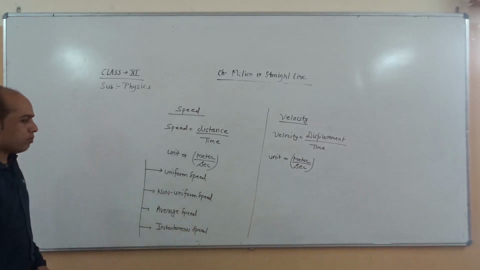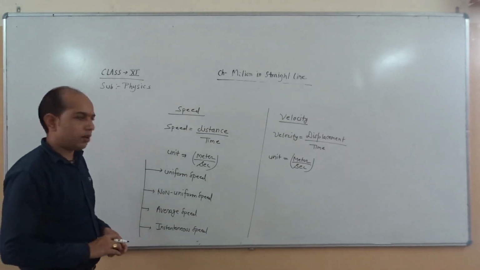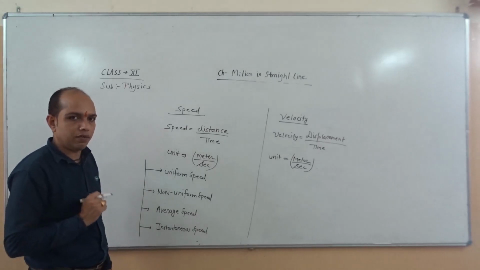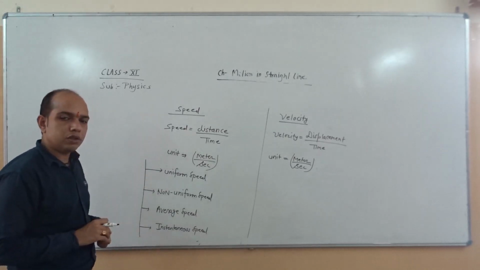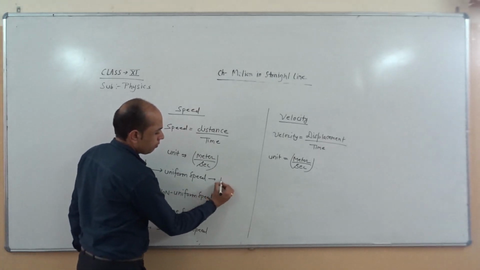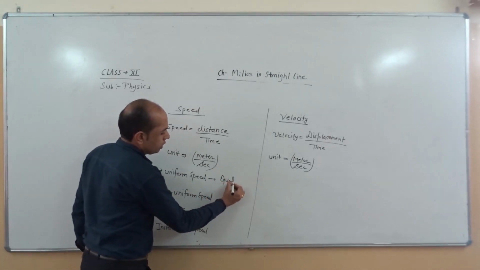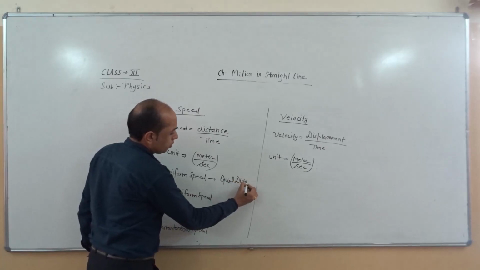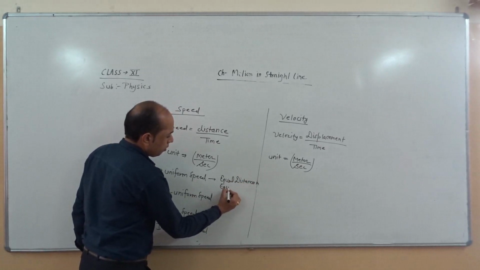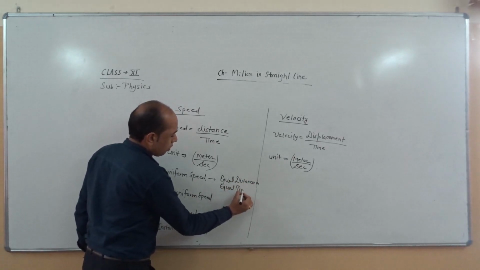So we have four types of speed. Uniform speed means when an object travels equal distance in equal time interval, then speed is said to be uniform. So in uniform speed, equal distance in equal time.